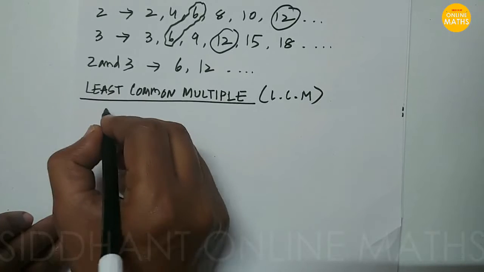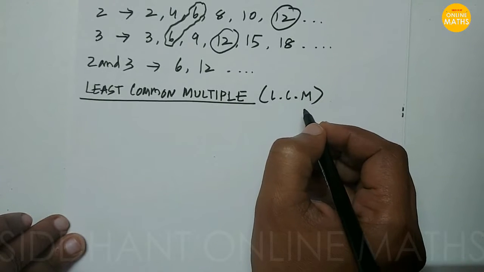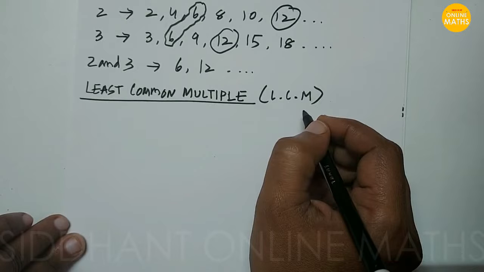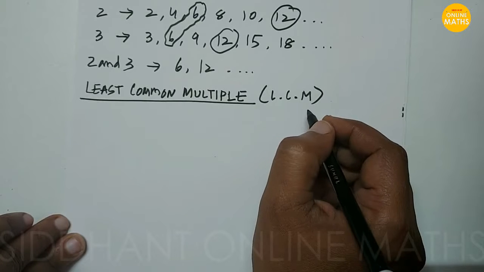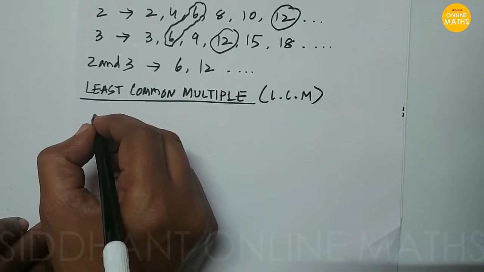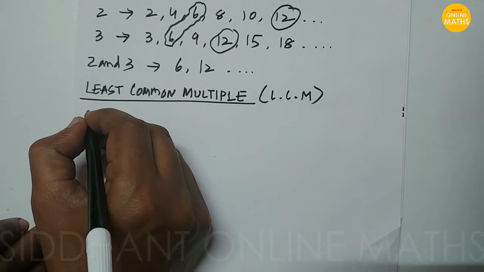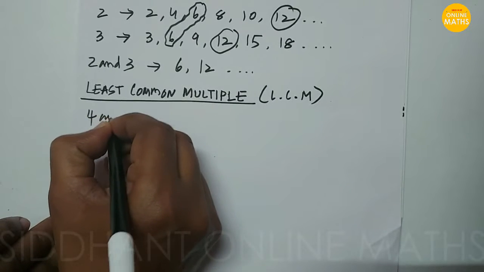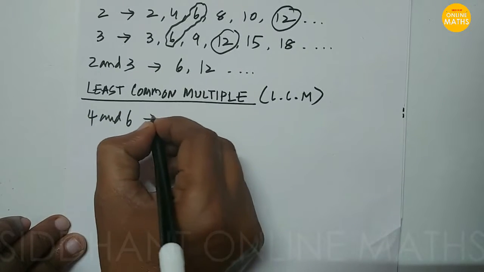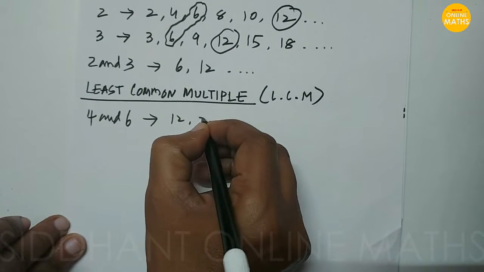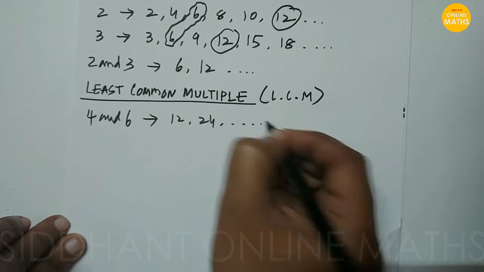Next topic, least common multiple. In short, it is abbreviated as LCM. In the above example we have seen that the common multiples of 4 and 6 are 12, 24, and so on.